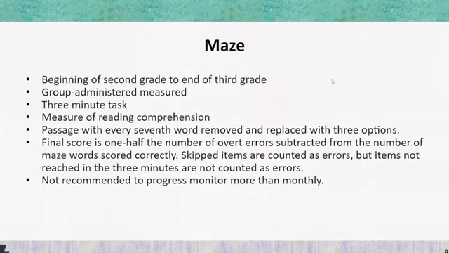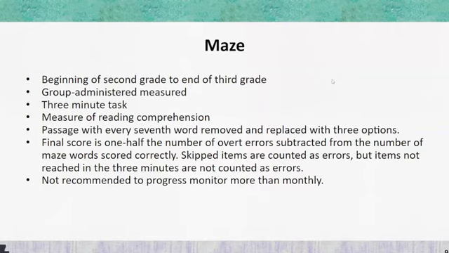We will now move on to our final measure, maze. Maze is a standardized group-administered measure of reading comprehension. It is administered to students in the beginning of 2nd grade through 3rd grade. The examiner presents students with a passage that has every 7th word removed and replaced with 3 options. The student is given 3 minutes to choose the correct word. This can be done whole class.